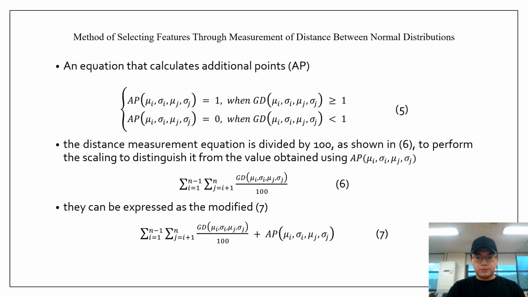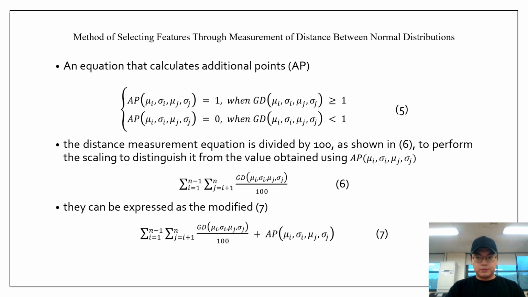Specifically, 100 is an arbitrarily set value, and it was selected as a safe value based on experience because there were cases where the result value of GD was close to 10 in the experiments. It can be adjusted experimentally.